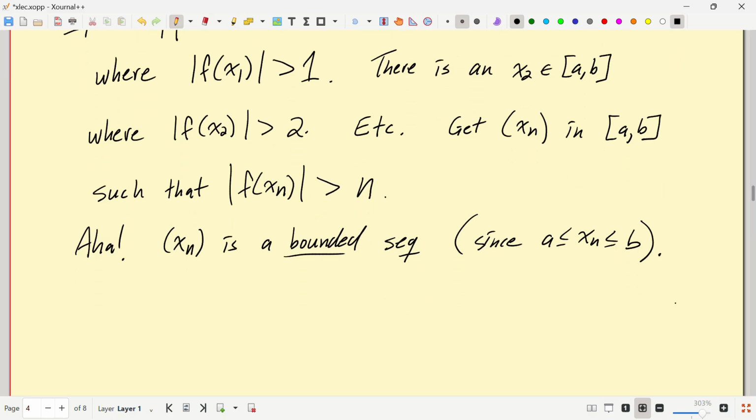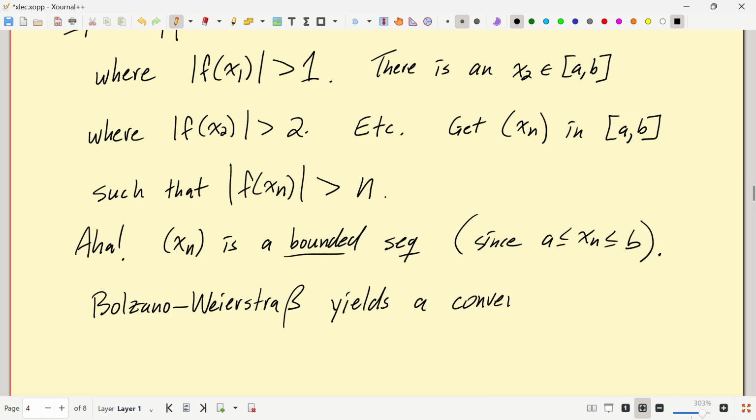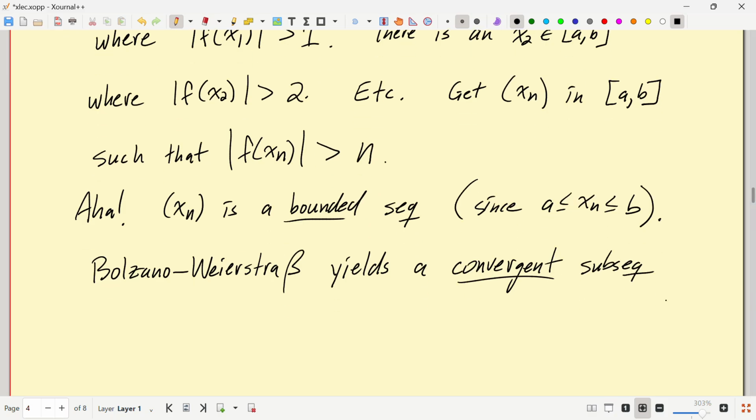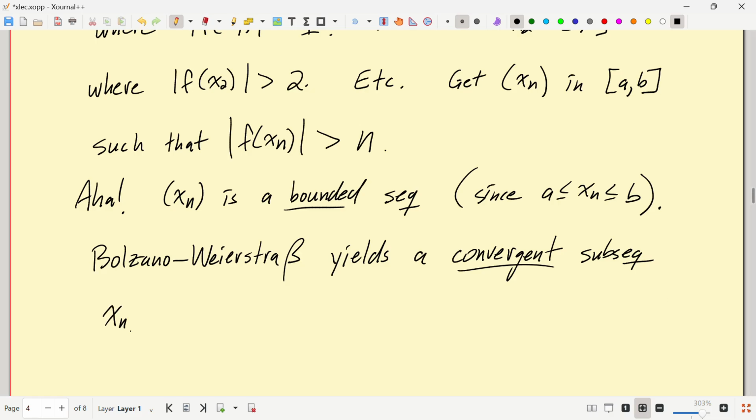And so the Bolzano-Weierstrass theorem implies that there's a convergent subsequence. So it yields a convergent subsequence x_nk converging to x naught.